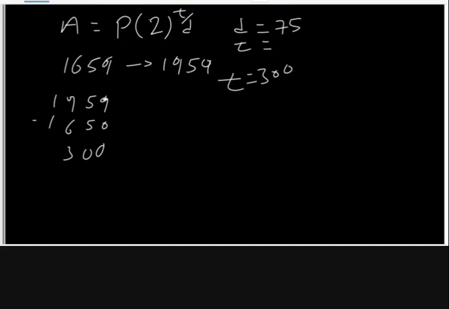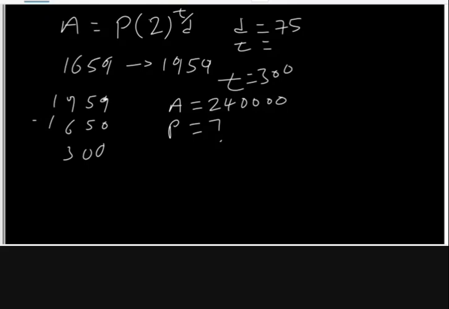So now, in the question, A is given to us as 240,000, and the P is what we are looking for, because they have given us the amount at the last year. The last year is 1959. So they want us to find the amount at the beginning year. The beginning year is 1659. So this is the same thing as asking you to find the population 300 years earlier.